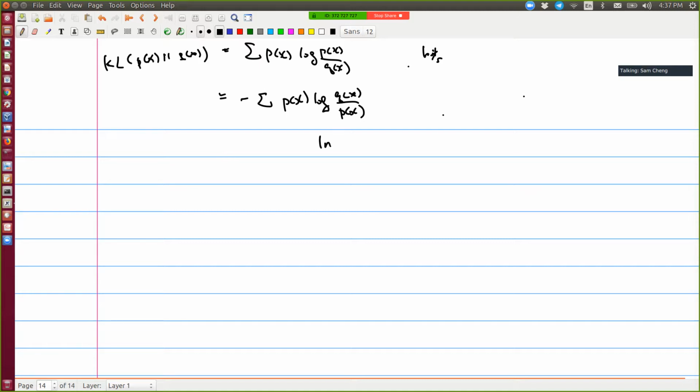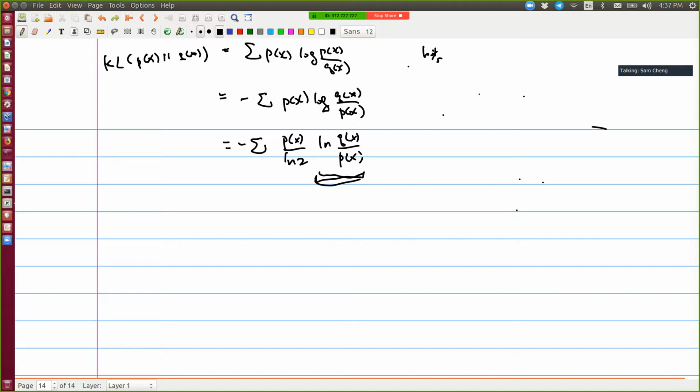If I consider the natural log instead, this will be just the natural log of Q(x) over P(x), divided by the constant log 2 here. If you're already using the natural log, then we don't have a factor here. But in any case, it doesn't affect the result. Just think of the natural log of a fraction here, or the natural log of some x here.